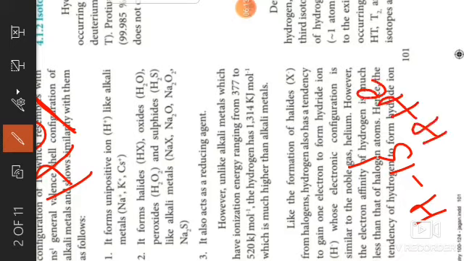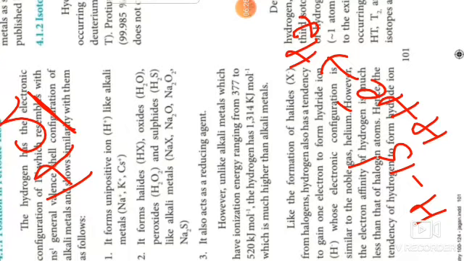For example, the electronic configuration of hydrogen is 1s1. Hydrogen gains one electron, so that is H minus. This is the hydrogen molecule.